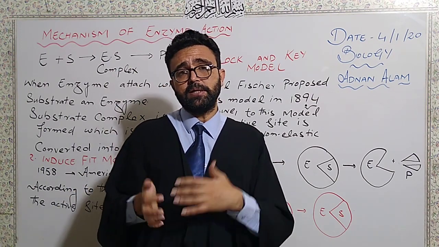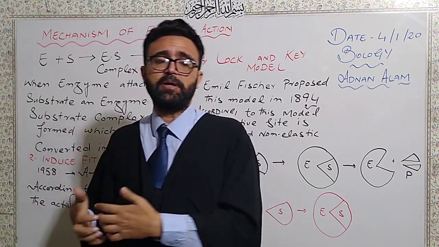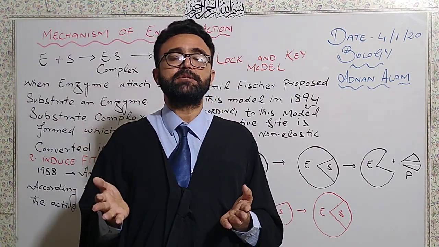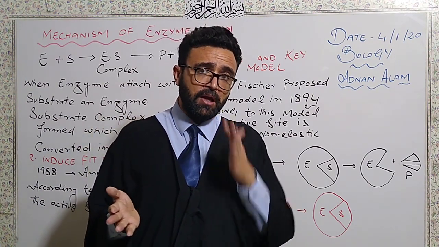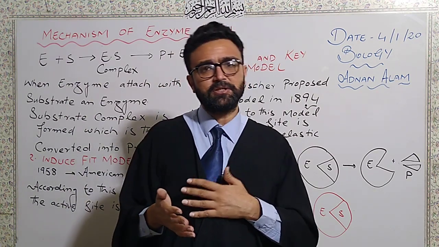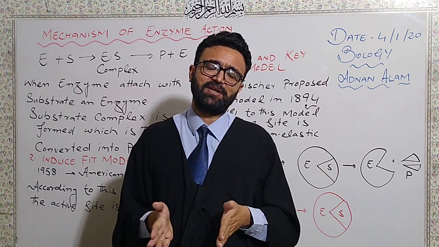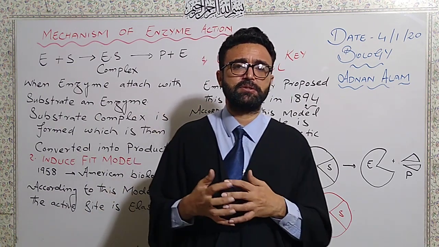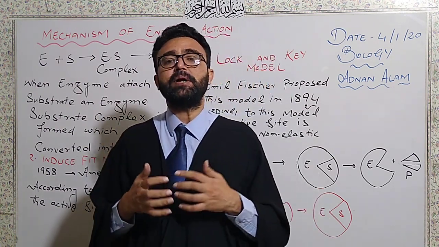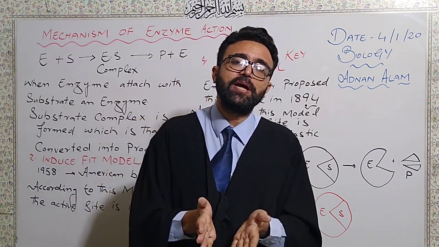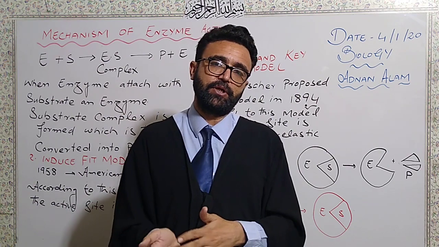Dear students, the last topic of this chapter is enzyme specificity. In my previous lecture, I told you that enzymes are really specific, as one of the characteristics of enzymes. Protease enzymes will work only on protein.